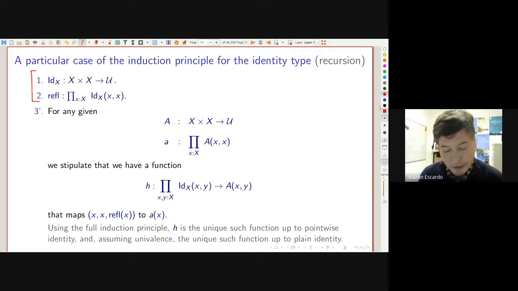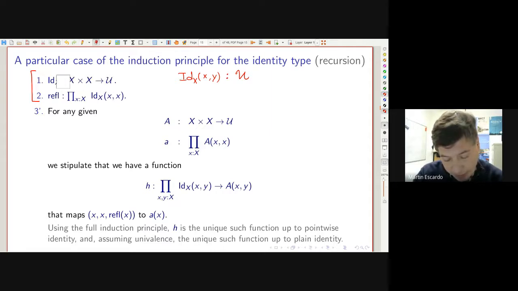And the way we imagine this relation is as a function. So we imagine that Id x y is a function that takes two arguments and gives as a value a type. So this is a type in the universe of types. So we're going to see it like this.